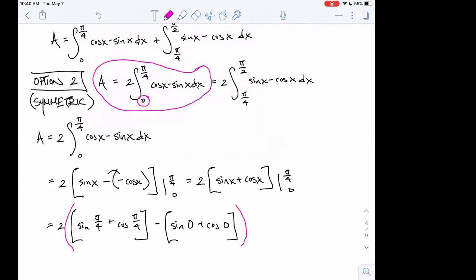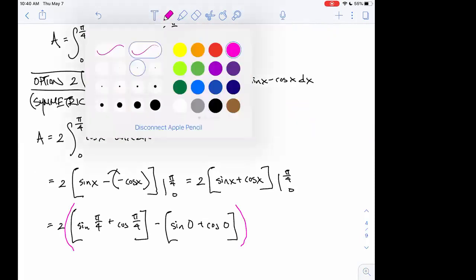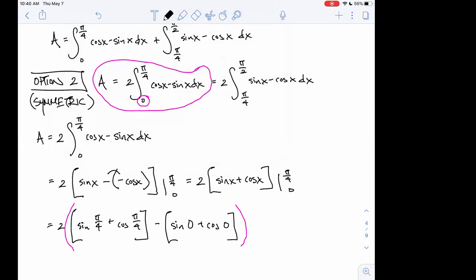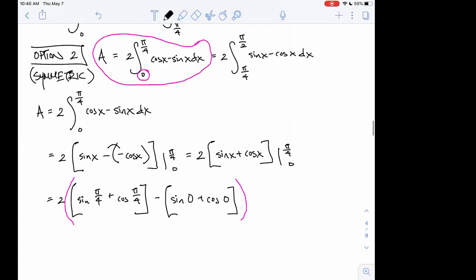I did see a small handful of people who, again, maybe you were working a little too fast on exam 3, and there was a case where it was distributed to the whole thing, but you didn't. Or on the flip side, it wasn't distributed to the whole thing and you did distribute it, okay? So make sure you're making it very clear to yourself in your work what's happening.